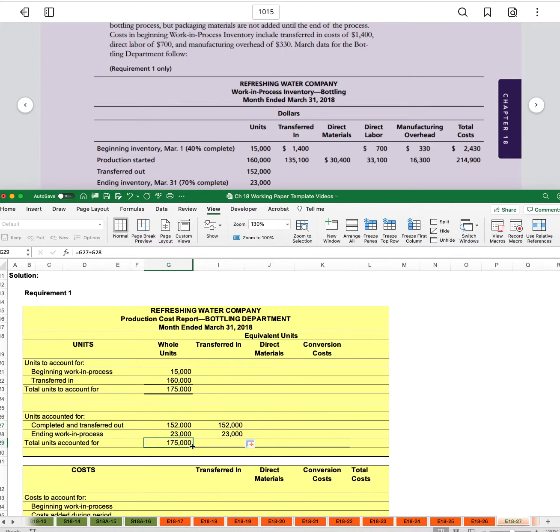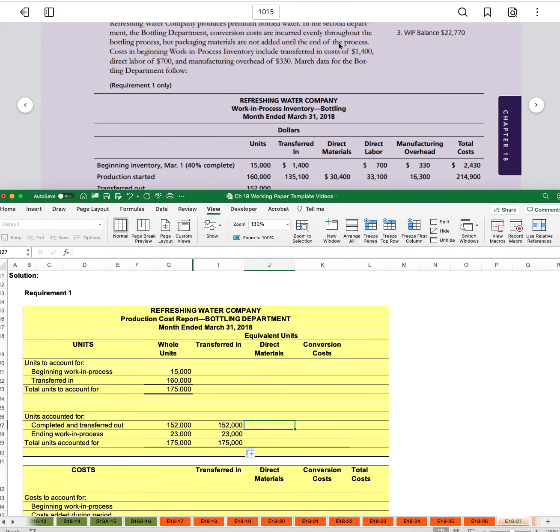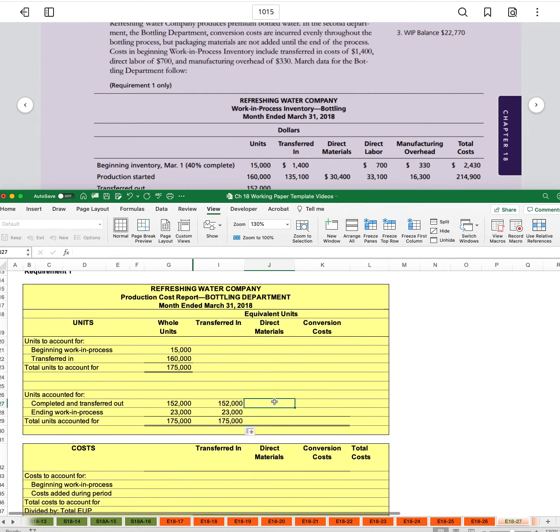Now we could technically pull our sum over. Now we need to deal with direct materials and conversion. And so it told us that the direct materials are added at the end of the process. So for completed and transferred out, it's 100% because even though it's at the end of the process, they had to have been added for us to transfer them out. So we'll carry that over.